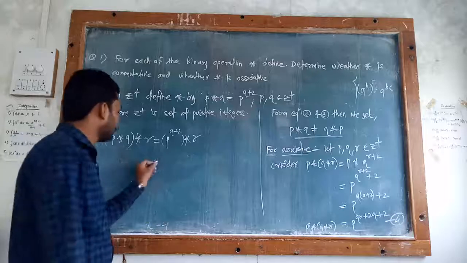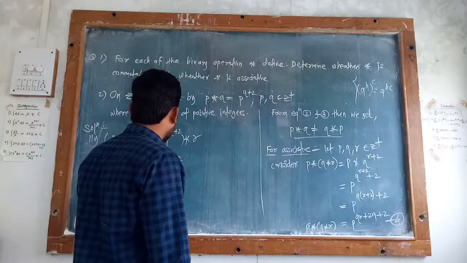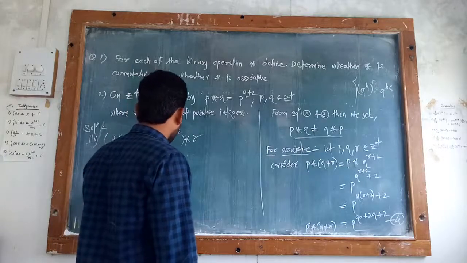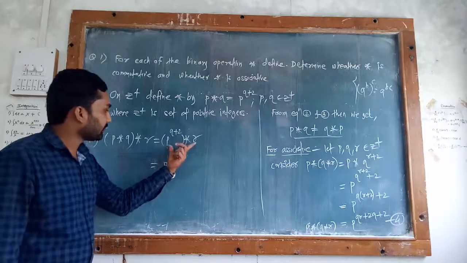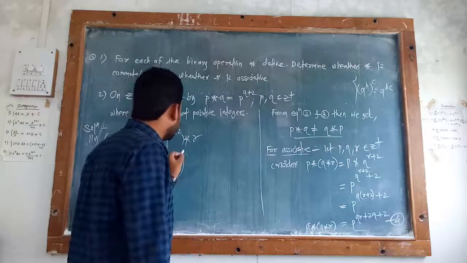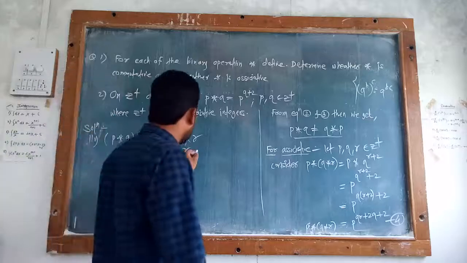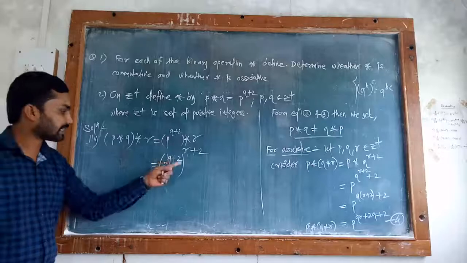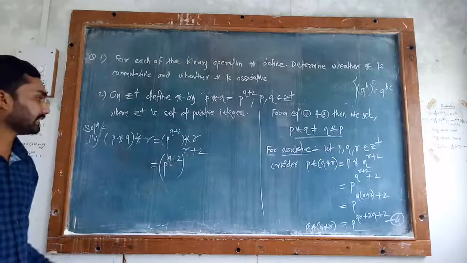The first element is p raised to q plus 2, and its power becomes the second element plus 2. That is, the first element as it is, and its power is the second element r plus 2. Now simplify this one.